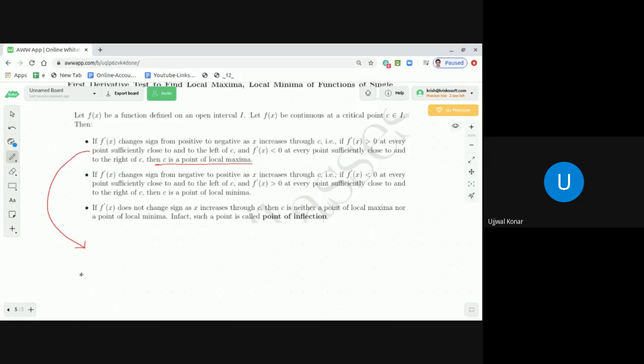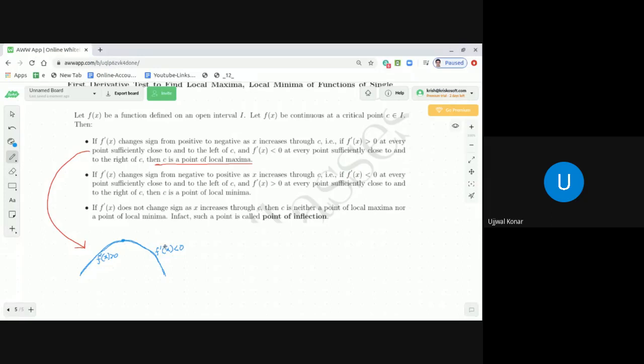If f'(x) changes its sign from positive to negative as x increases through C, so this is the point C. From the left-hand side, f'(x) is greater than 0, and it is changing its sign. In this region, f'(x) is greater than 0. After the point C, it is actually changing its sign. Here we see that f'(x) is less than 0.